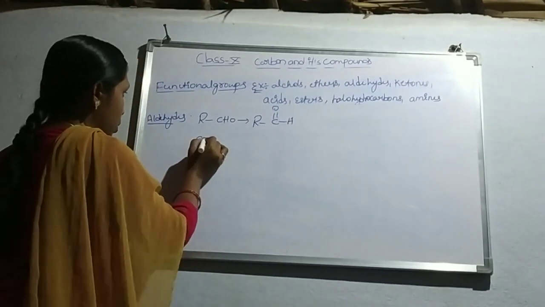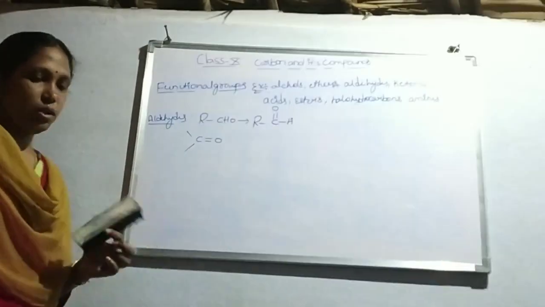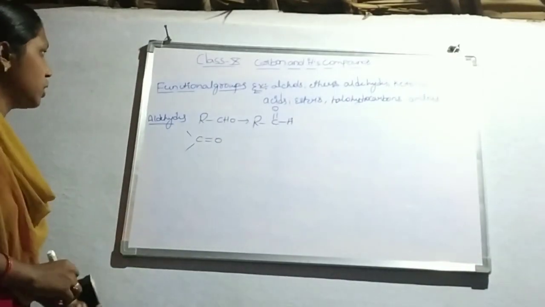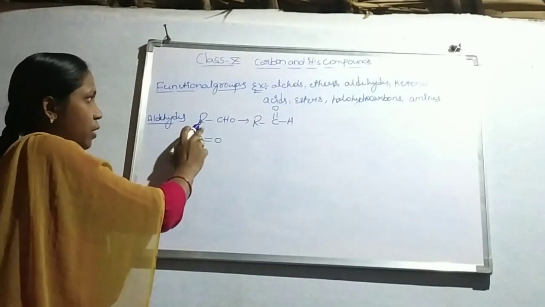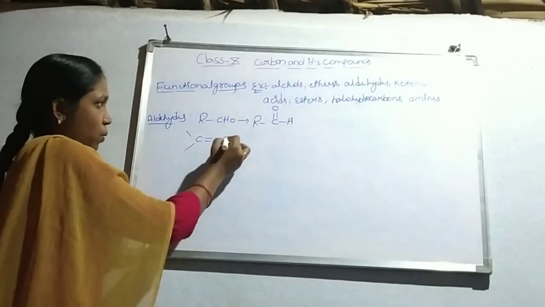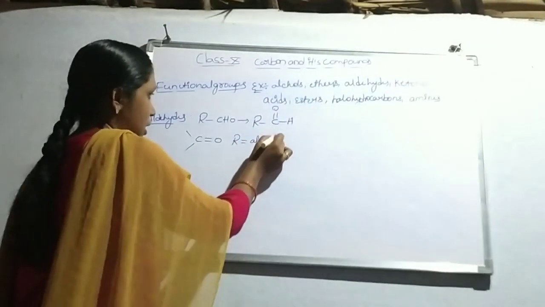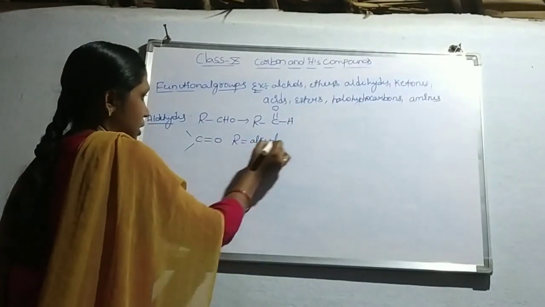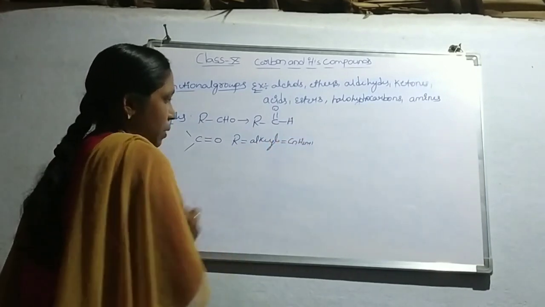The C double bond O group is known as the functional group here. Here the aldehyde has a general formula RCHO, where R is known as the alkyl group, with general formula CnH2n+1.